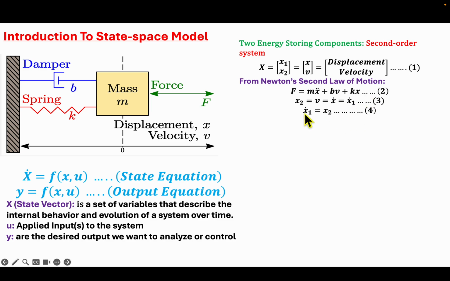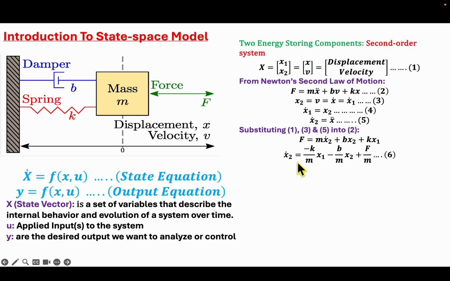Therefore, from 3, x1 dot is just x2. And from 3 also, taking x2 dot will give the second order derivative of the displacement, which is x double dot. Substituting 1, 3, and 5 into 2, our equation 2 reduces to this equation, and making x2 dot the subject of the formula, we have equation 6.